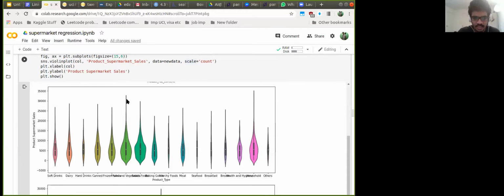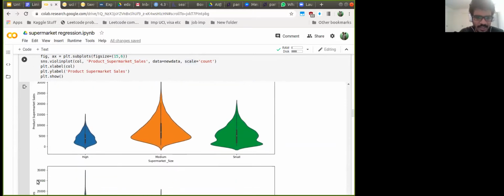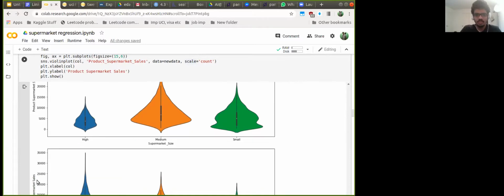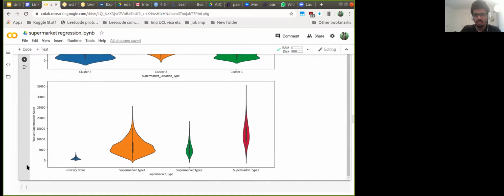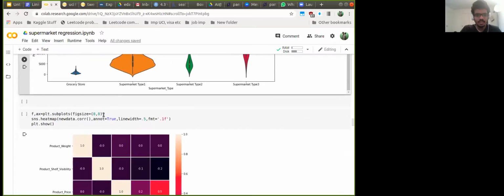Like we can see fruits and vegetables, that category, and snack foods, that category. So these two categories and this one, those three are quite dominant, and so yeah, that is an interesting finding. We could do this for all such categorical features. Anyways, moving on.